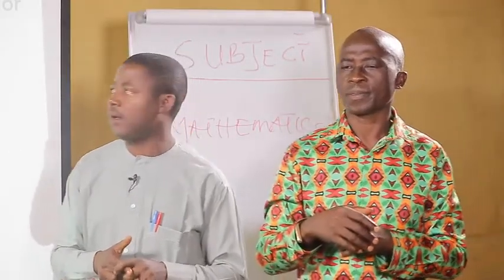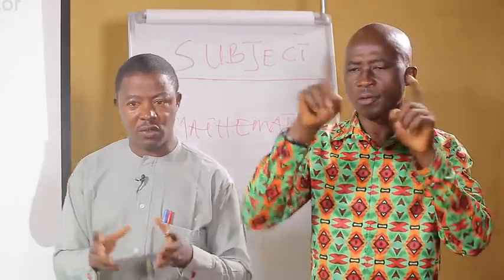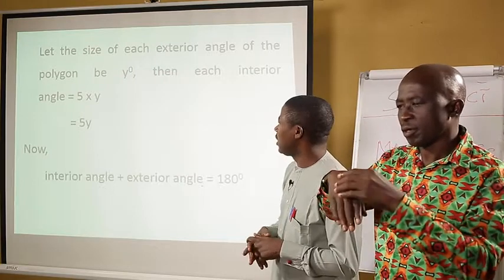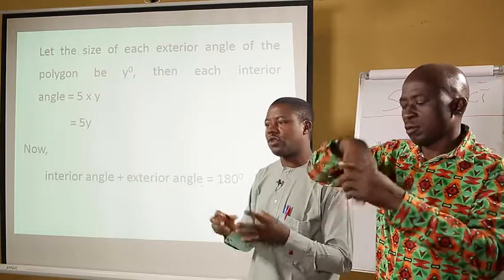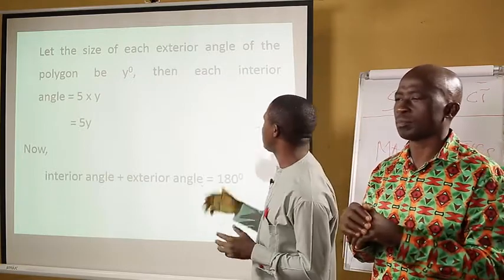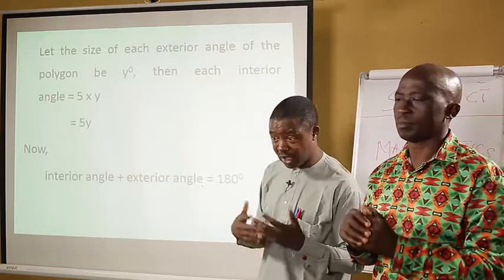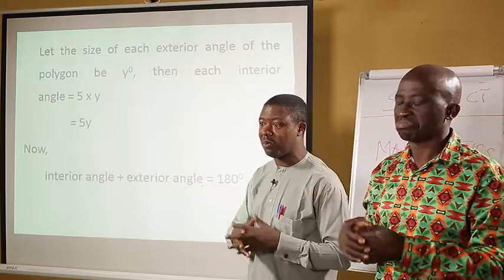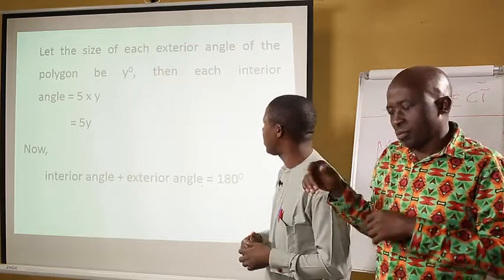Now, there is a condition given in the question, because the question spells out that each interior angle is 5 times the exterior angle. So you set some values. Let the size of each exterior angle of the polygon be y, because it's an unknown. You can pick any letter; it could be A, B, or C. Preferably, I choose y in this case.